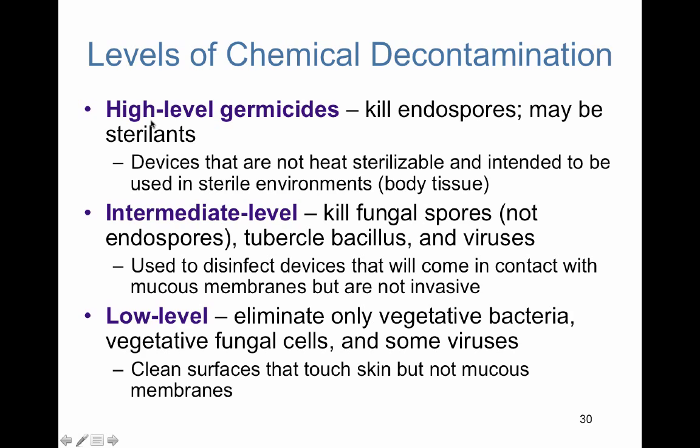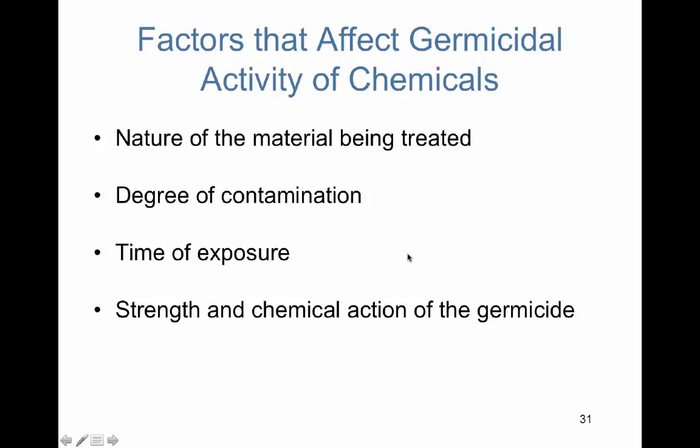So if we're calling it a high-level germicide, this is one that will destroy the hardiest, most resistant forms of life, which are the endospores. If we're talking low-level, they would target vegetative bacteria, right? And remember, the intermediate had some highly resistant strains of bacteria, also fungal spores and viruses, and even the protozoal cysts as well.